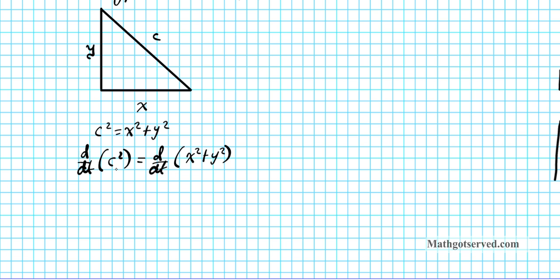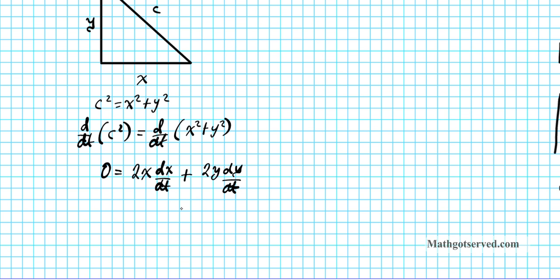Now, since c is a constant, it's going to end up as 0 equals, and now differentiate these ones individually. So you're going to have 2x using the chain rule, dx/dt. Notice that the variables are not matched, so you have to do it with respect to time. Plus, differentiate y squared using the power rule, 2y dy/dt. So this is the differentiated form.